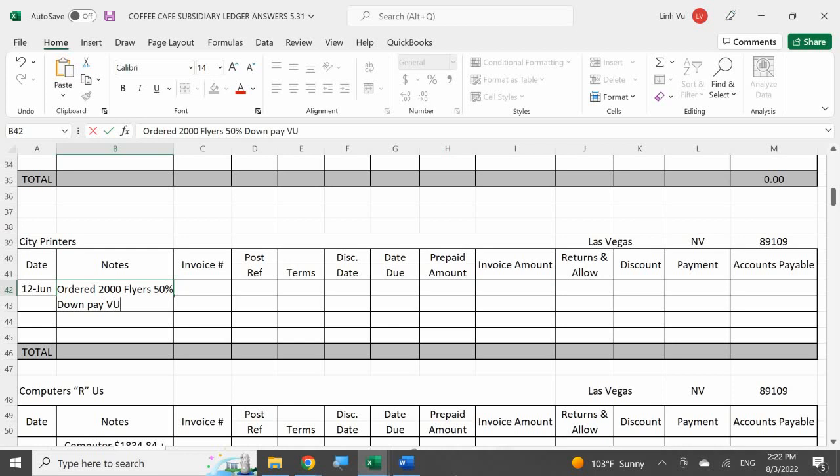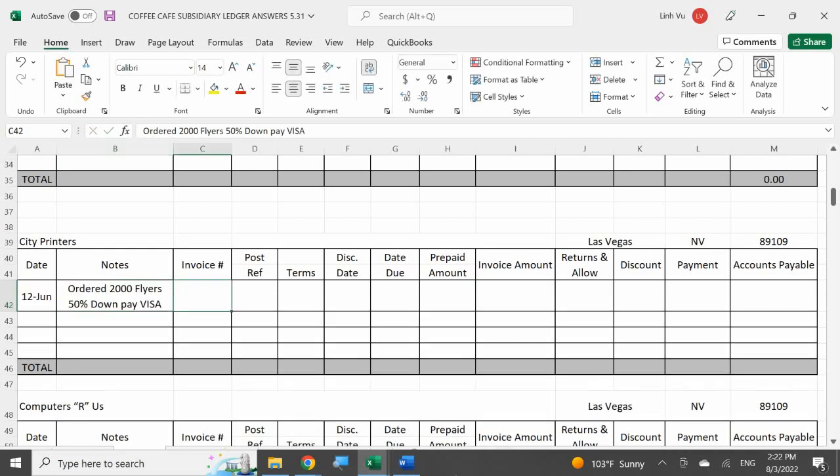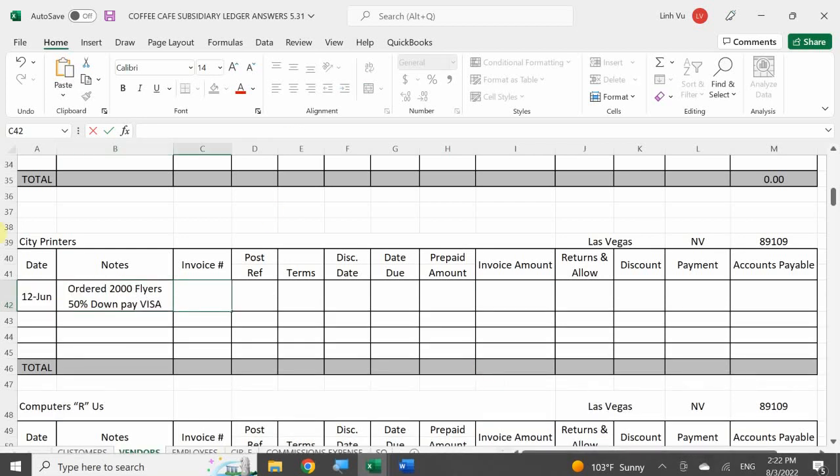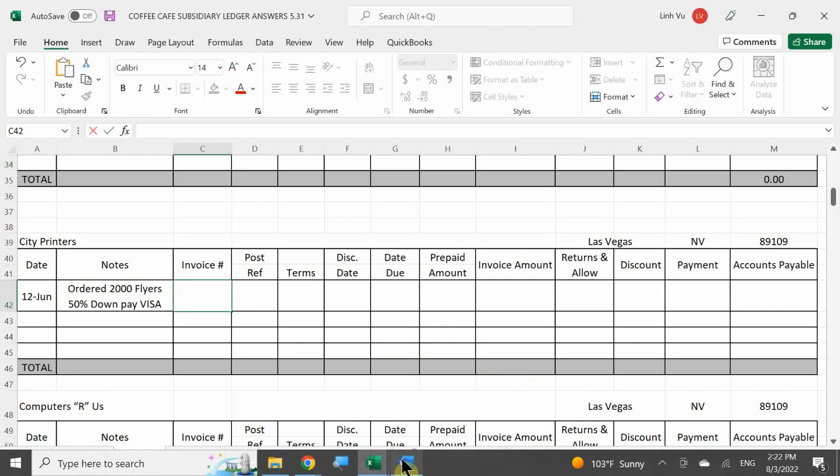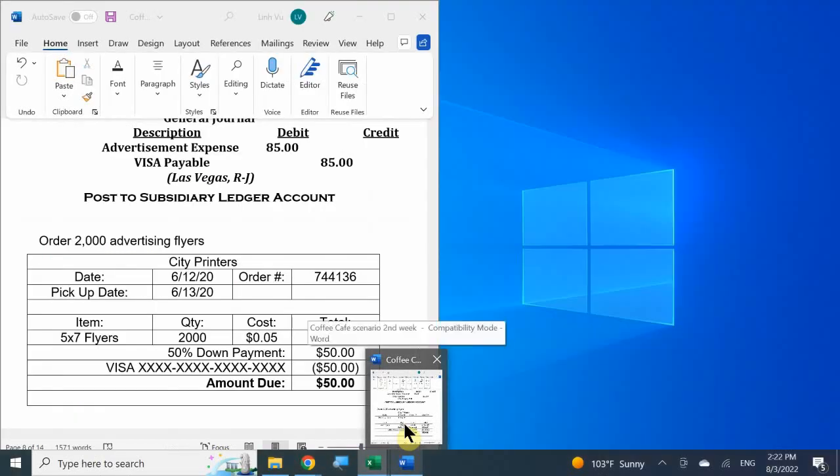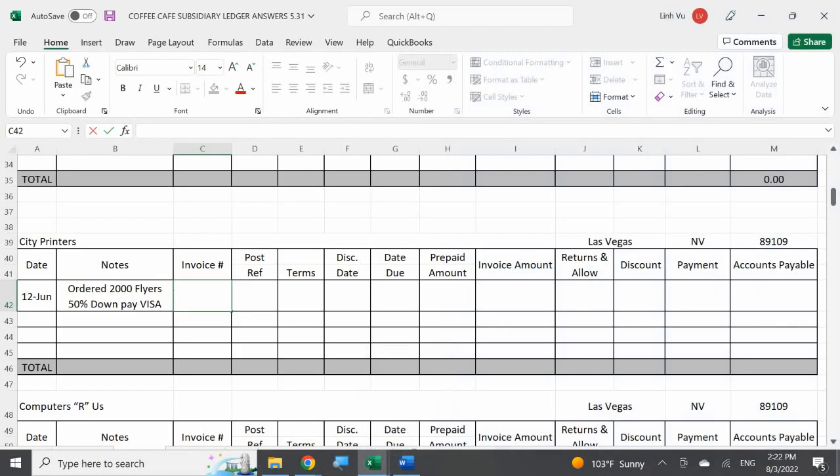Okay, with the Visa credit card. Invoice, do we have an invoice number? 744136. And post reference once again, page 4.